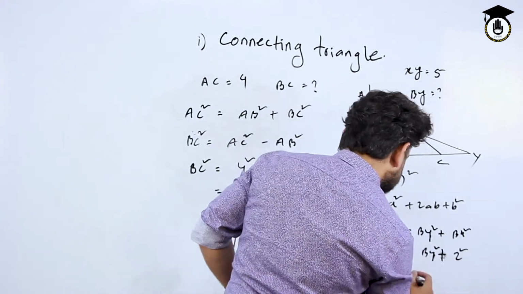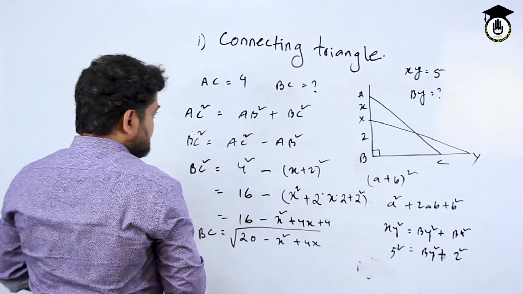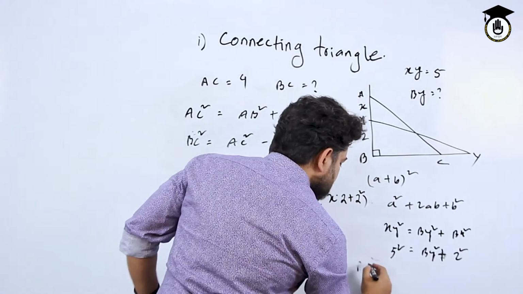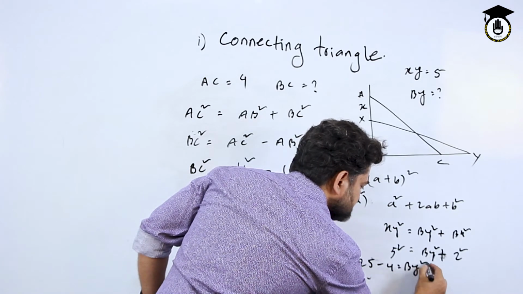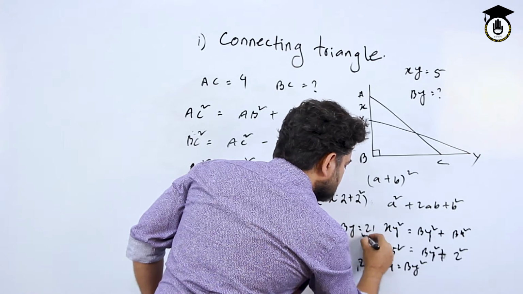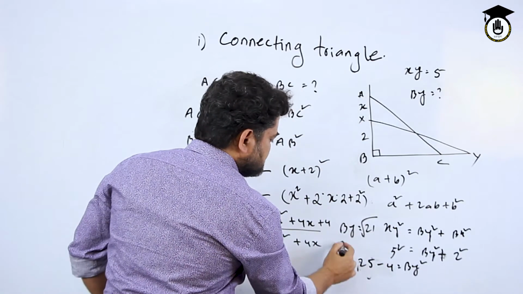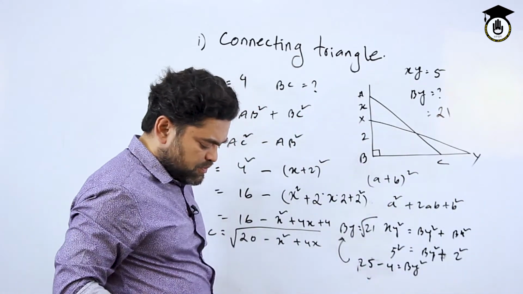Let me write it from here, it will be easier to see. So 25 minus 4 equals BY squared. So BY equals root 21. So I can write here BY equals root 21.